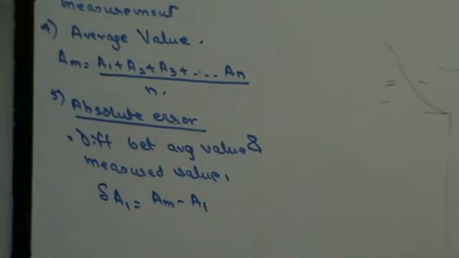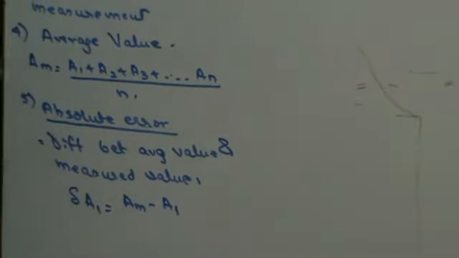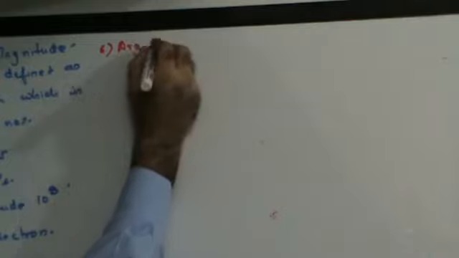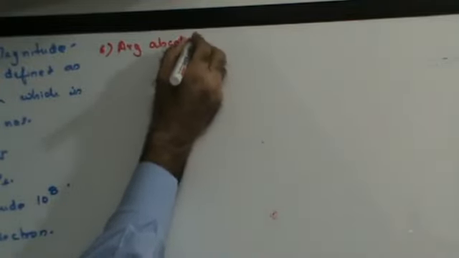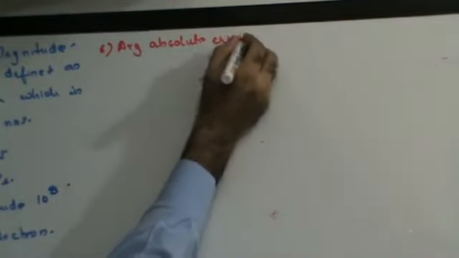Right? Next, what do we understand by average absolute error? Average absolute error is the average of all the absolute errors.